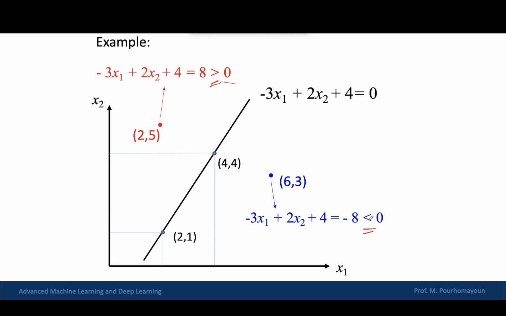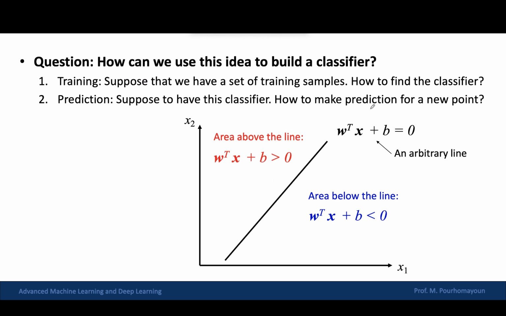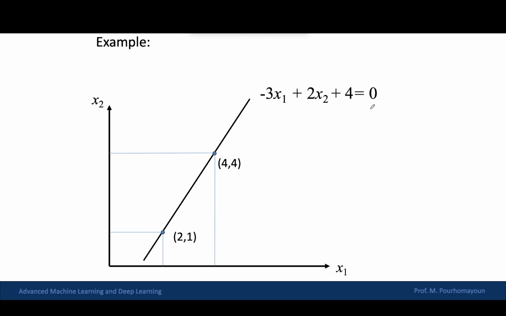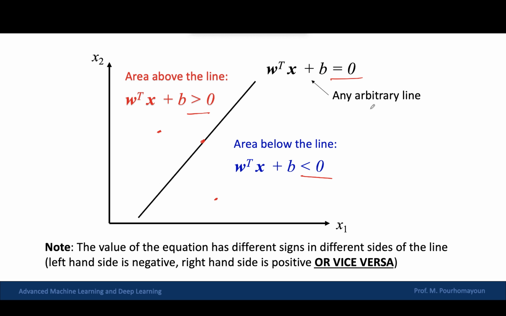Why do we need this? Why is this important for us? Because this can let us know if one data sample is on the left hand side of the line or the right hand side of the line.